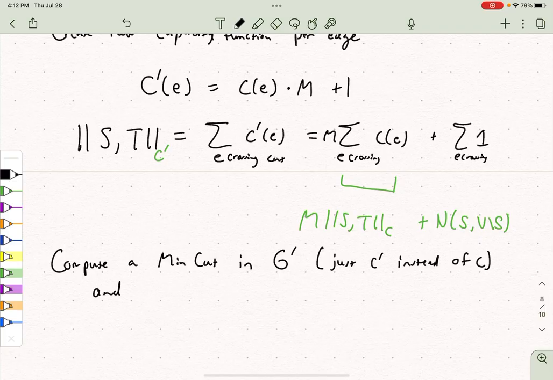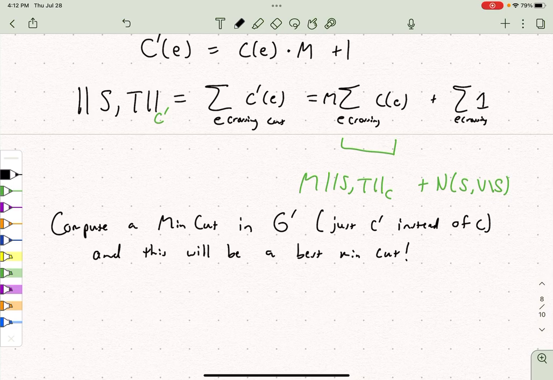And this will be a best min cut. Okay. So we've reduced it to just solving the original min cut problem in a slightly different graph.